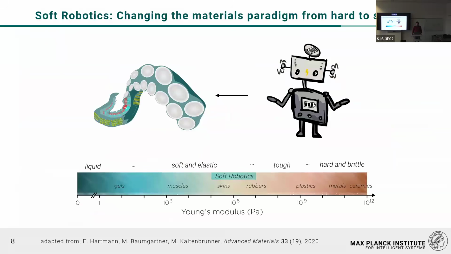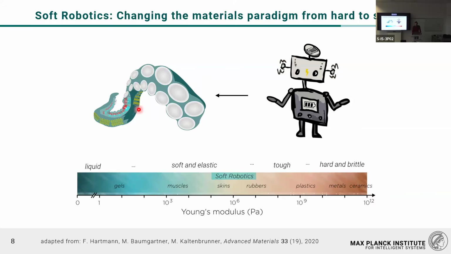And indeed, if we have here a graph of different materials over their stiffness, so the Young's modulus is respective to the stiffness of a material, then our robots are right now built from plastic, metals, ceramics. Here on the far right end, they are all hard and brittle, nicely to control because they are perfect geometries and shapes.